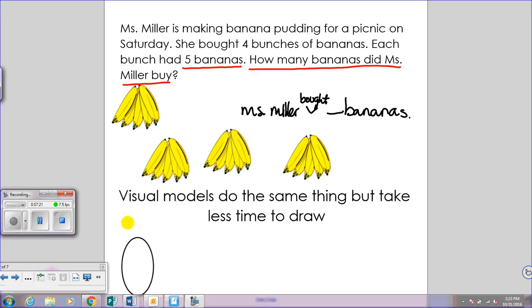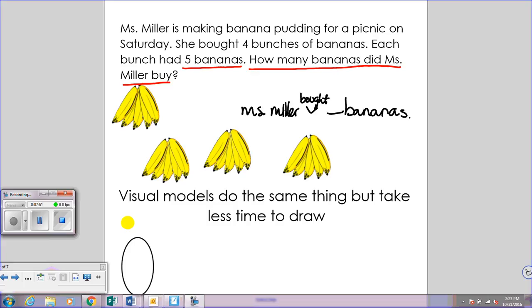Alright, so before we had all that excitement, we had read our problem. We kind of started to understand what was happening in the problem, and we figured out that our unit was bananas. Specifically, the bananas that Miss Miller had bought. So we wrote our unit down, and now you're drawing your 4 bunches with 5 bananas in each.